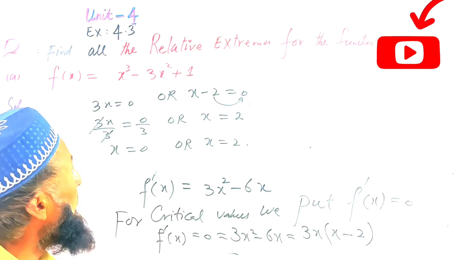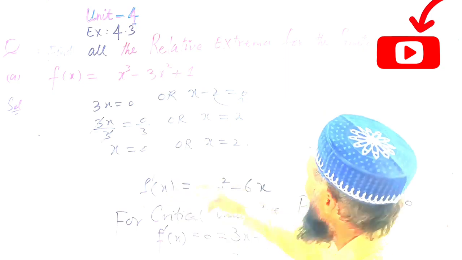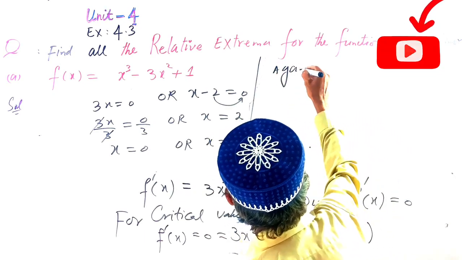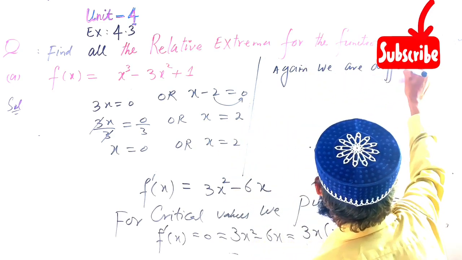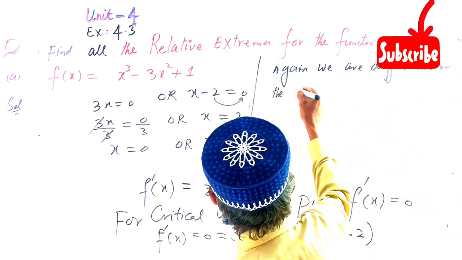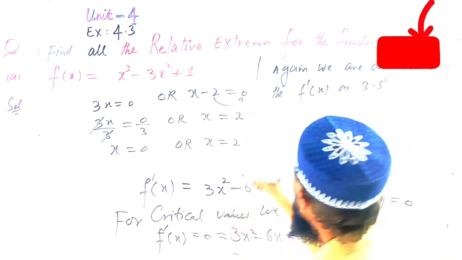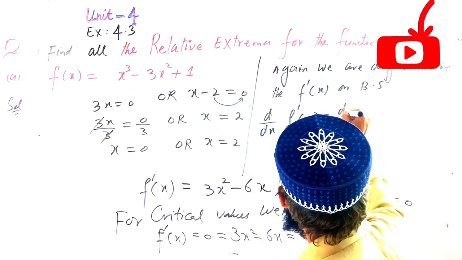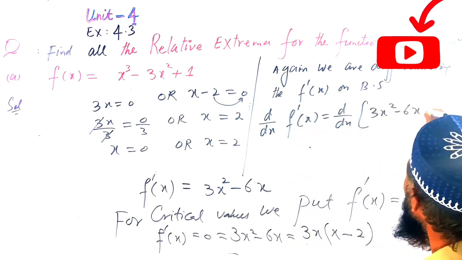Now for the relative maximum and relative minimum, we use the second derivative of the function. So we are differentiating again the first derivative f dash x on both sides of the equation, dy by dx f dash x is equal to dy by dx 3x square minus 6x.